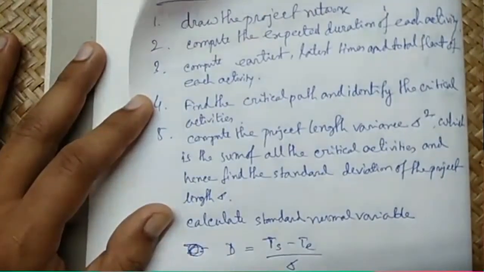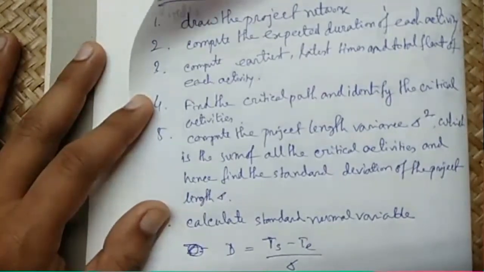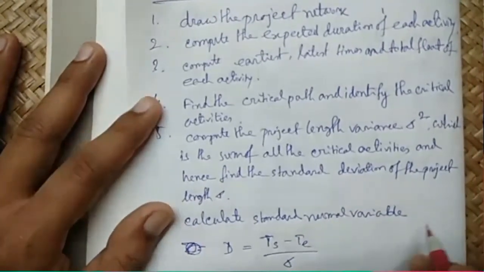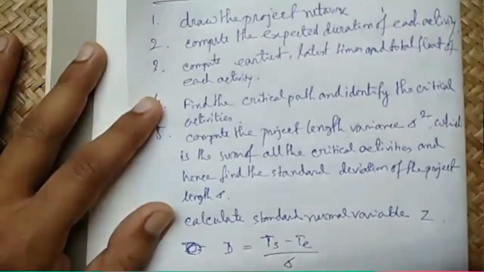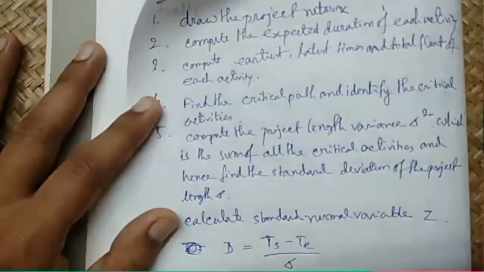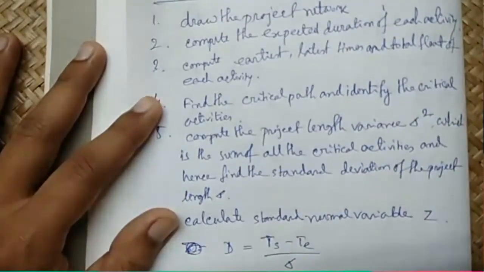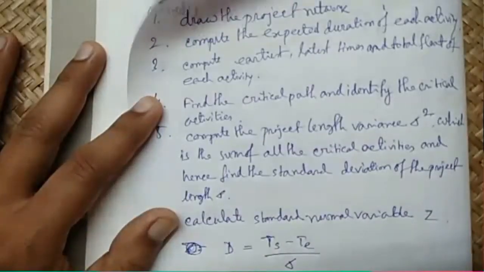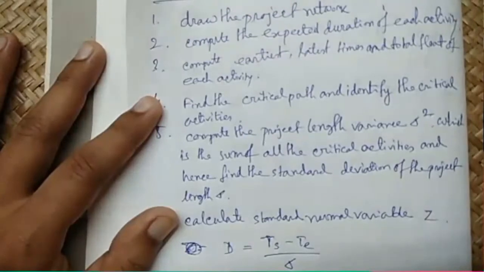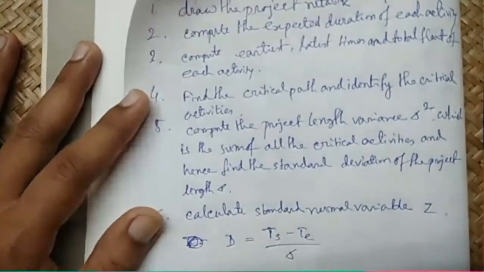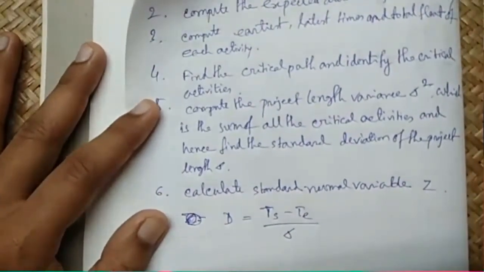And then calculate the standard normal variable, of course z, and d is just another quantity, which is ts minus te.